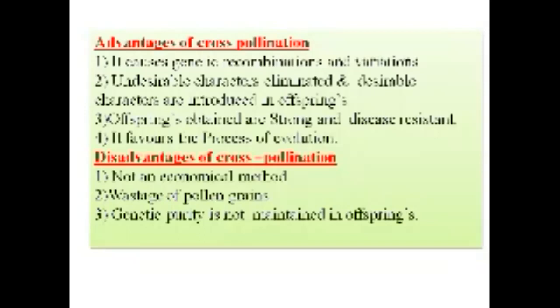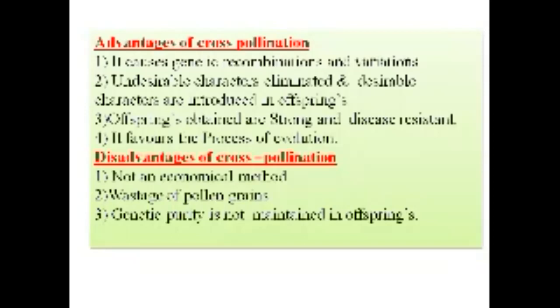A disadvantage of cross-pollination is that it is not an economical method, because in cross-pollination a pollinating agent is required. So to attract these pollinating agents like birds, honeybees, butterflies, the plant wastes its energy to make the flower bright and attractive.